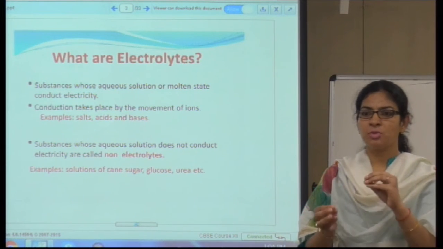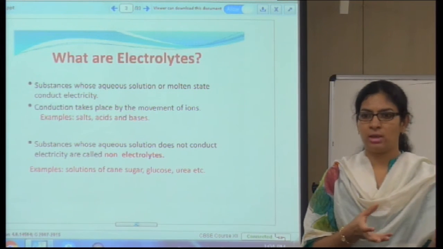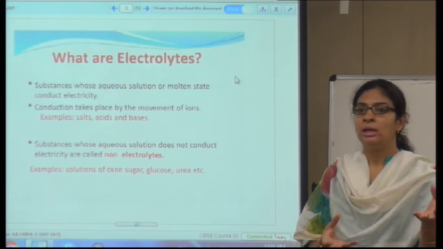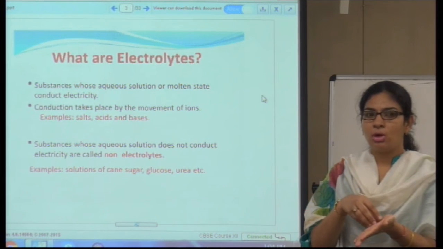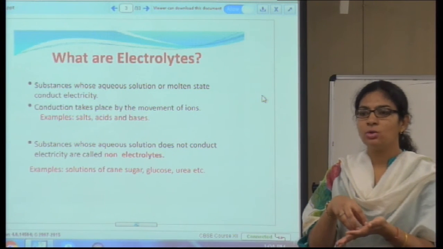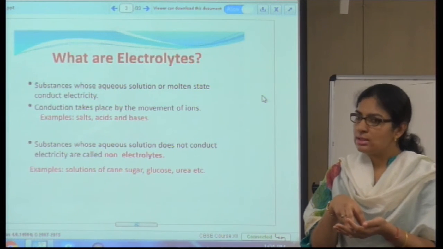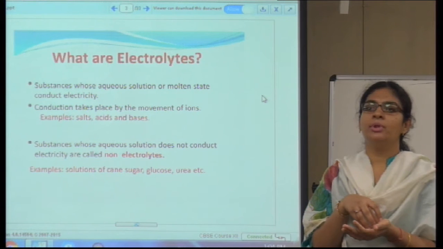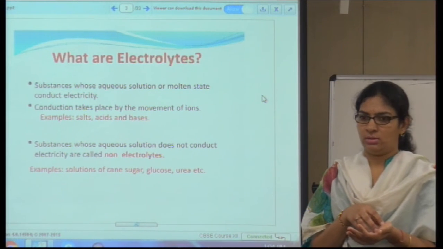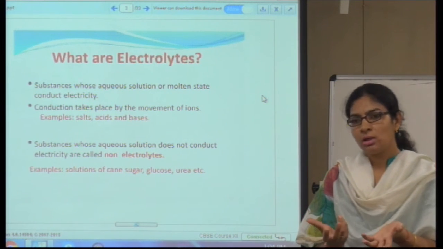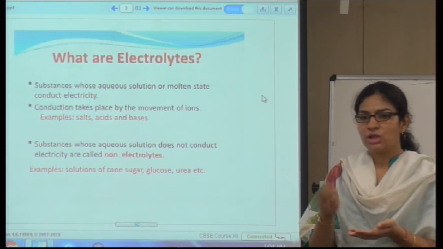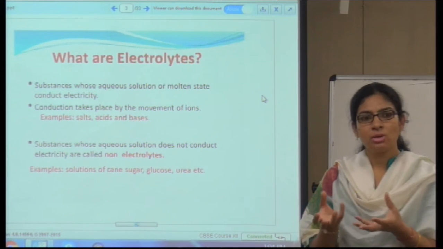That is the difference between salt and sugar. You daily come across such things in your kitchen. NaCl, salt, if you dissolve it, it will split into sodium ions and chloride ions. So this is a very good example of an electrolyte. And sugar, you dissolve it, you check the composition, it remains the same.